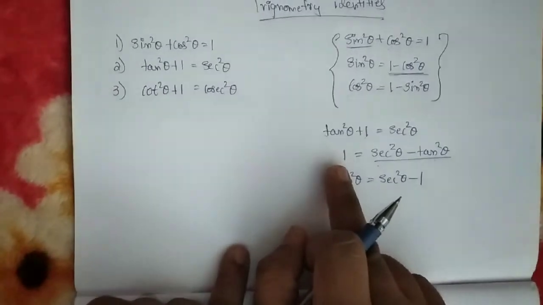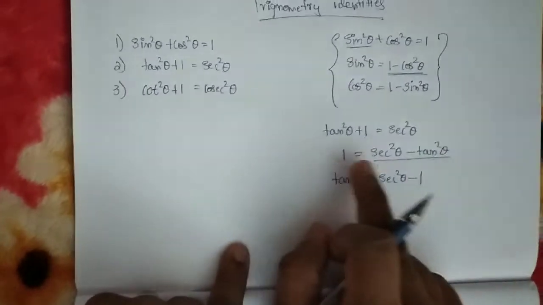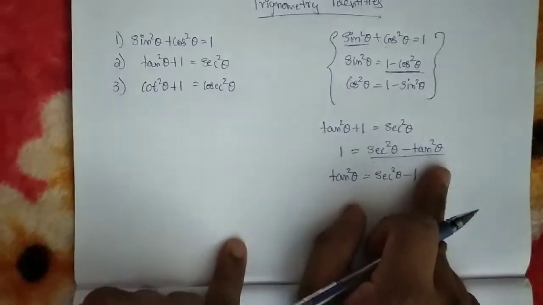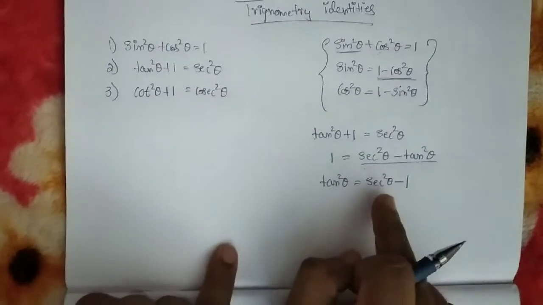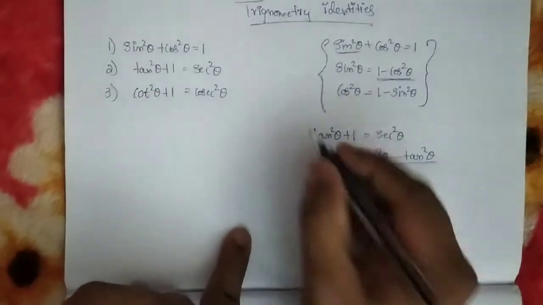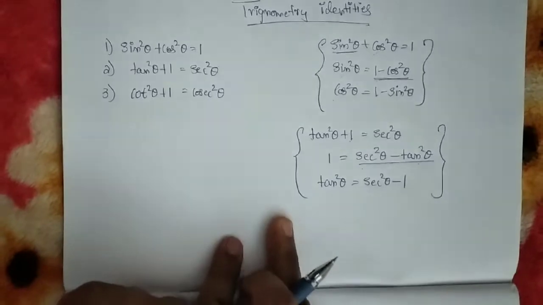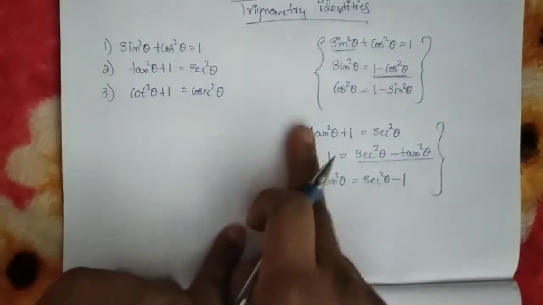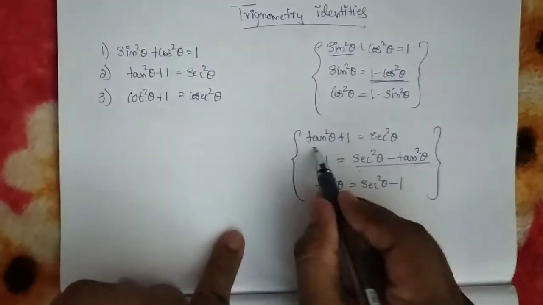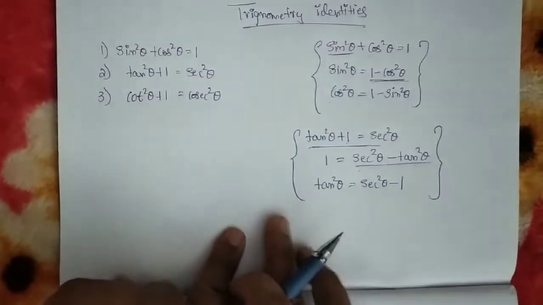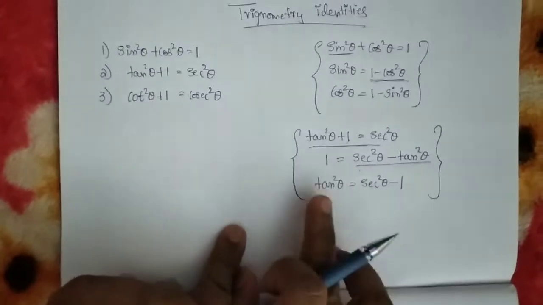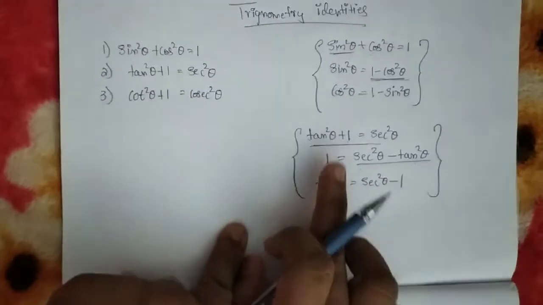What I have written in the second way, 1 is equal to secant square theta minus tan square theta, and tan square theta is equal to secant square theta minus 1. So friends, it is not compulsory that you should learn by heart all these three. At least if you know the first one, you can easily write the second and the third form. So for that reason, you should know this.